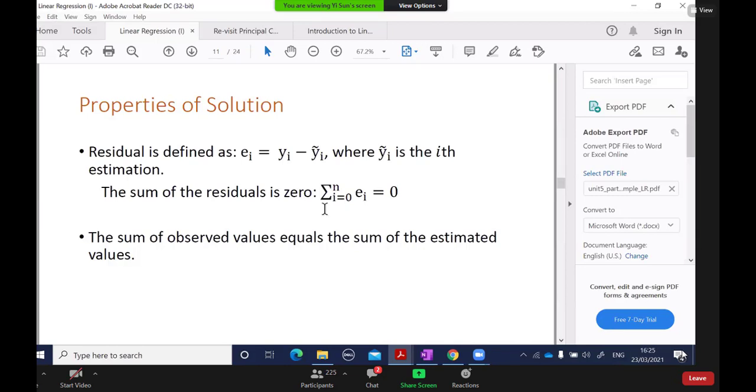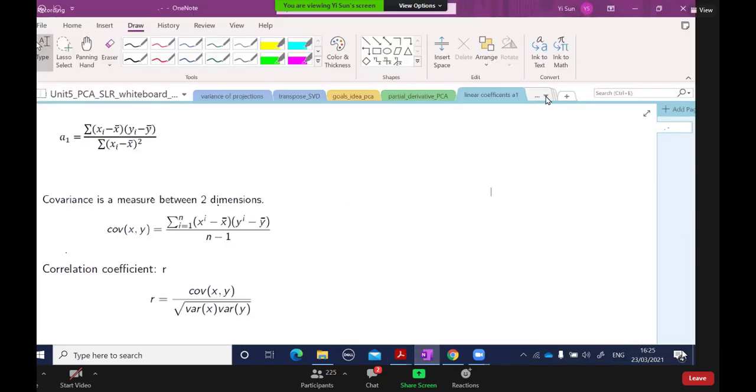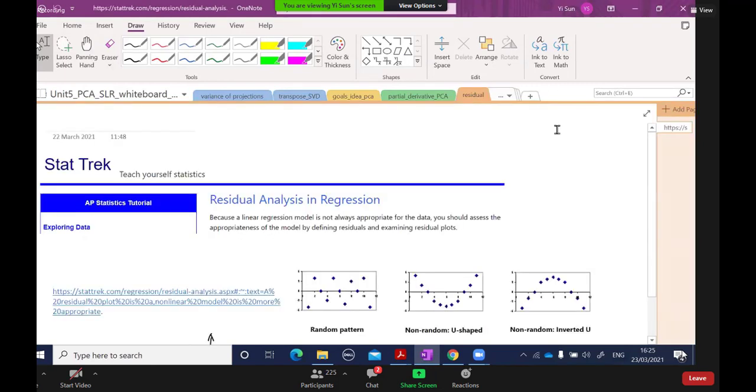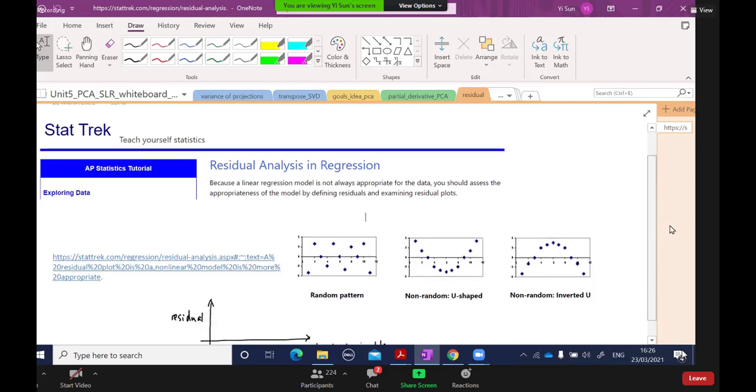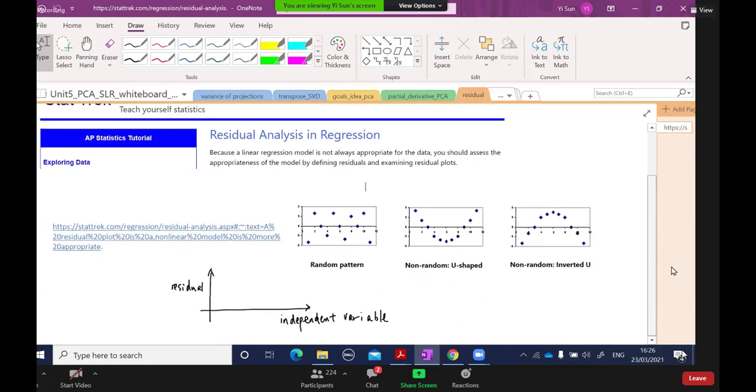Now, residual plots are very important for analyzing a linear regression model. What does it mean? Have a look here. This website about this topic is interesting and very useful. You may have a look at it. So, what is a residual plot? For each data point, you can get a prediction, and then calculate the residual.